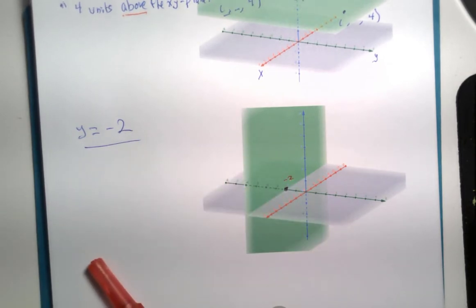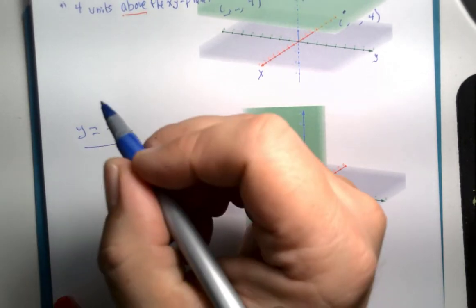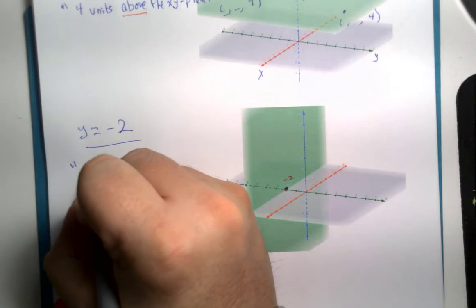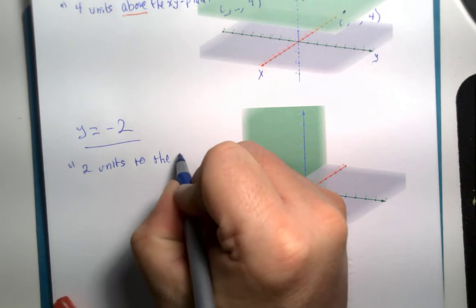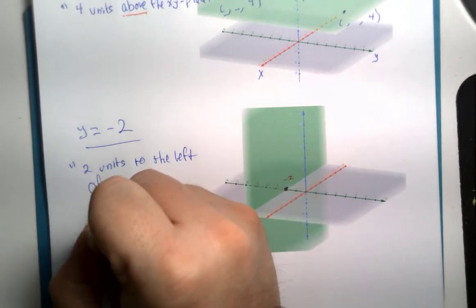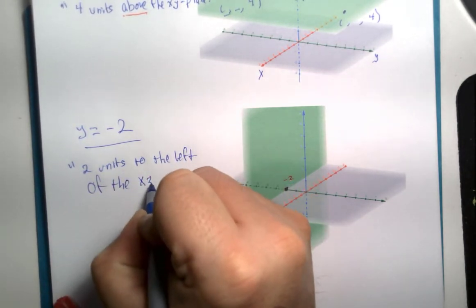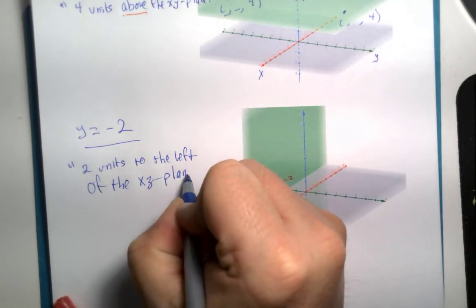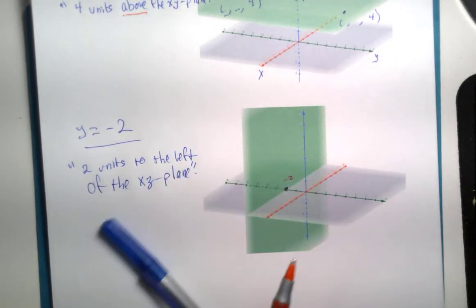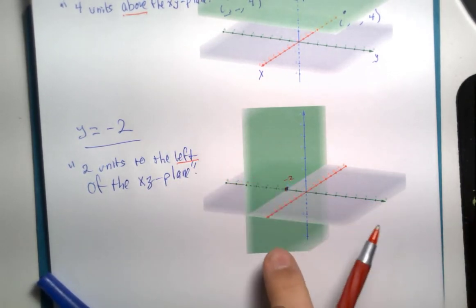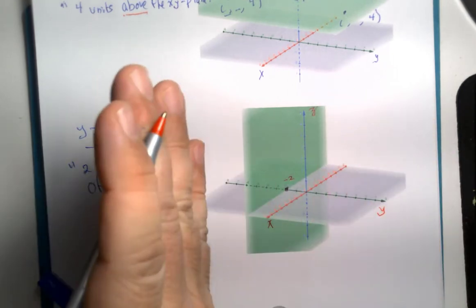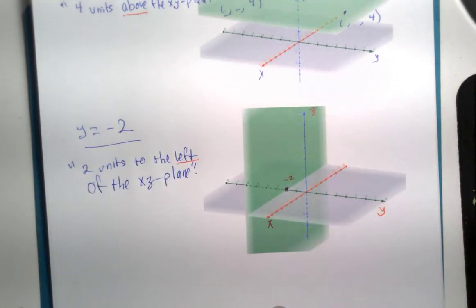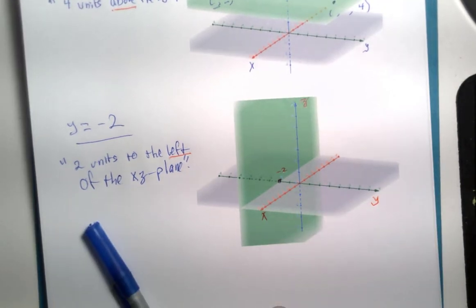That would be its equation. So you could say it's 2 units to the left of the xz plane or wall, but it's only to the left because this was x and this was y and this was z. So using words like to the left assumes that people already have the orientation of the axes the same.